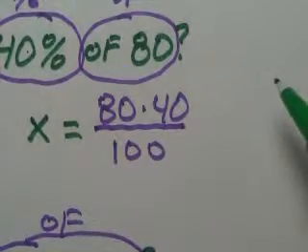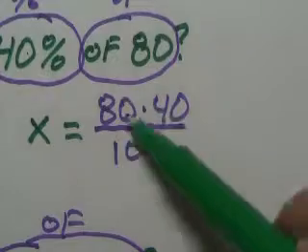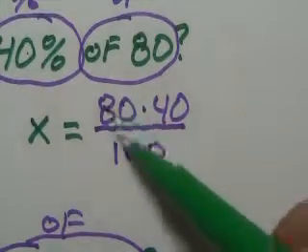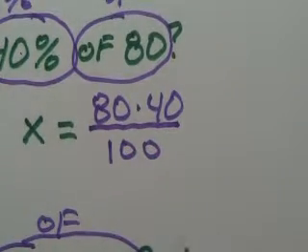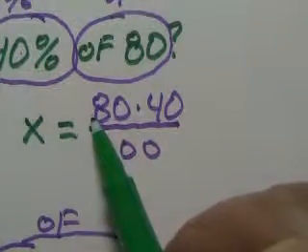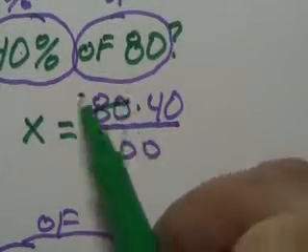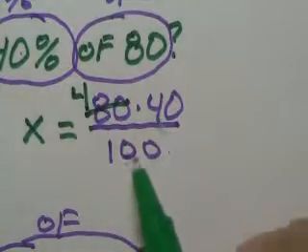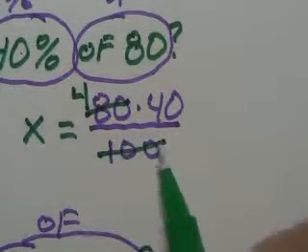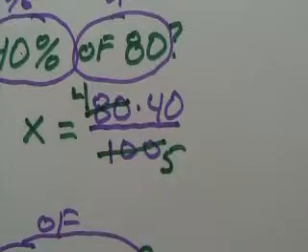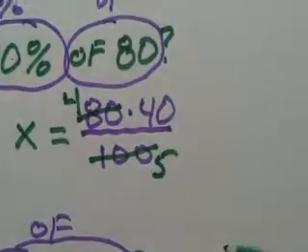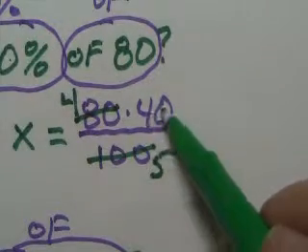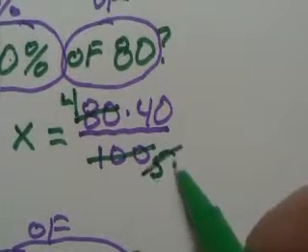How about 20? Now I'm going to try and pick off the... I could do 20 into 40, or I could do 20 into 80. But you know what? This is a bigger number, so get rid of the bigger number first. 20 will go into 80 4 times. 20 goes into 100 5 times. So now that's a 4 and that's a 5. See, now I got rid of the big numbers first. Now I can do 5 into 40. 5 goes into 5 once.